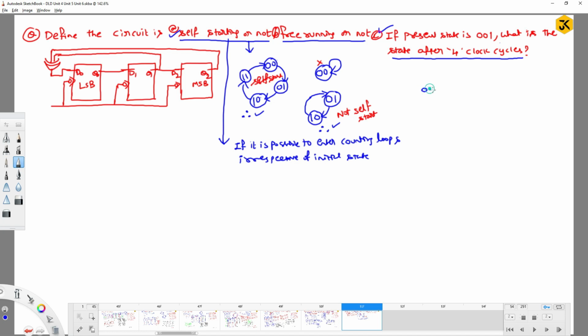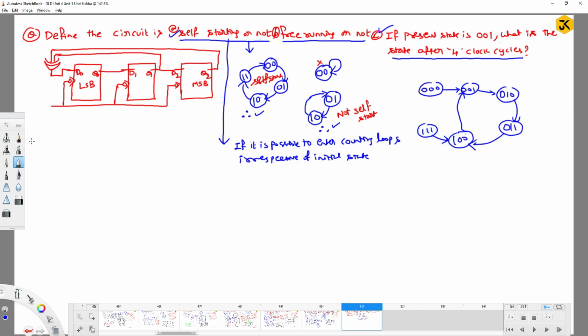For example, if I take 000, 001, 010, and let me write something which you might understand, it will be something like this, with 111 as well.